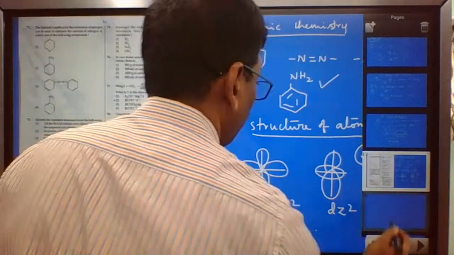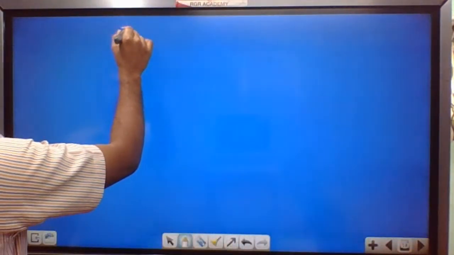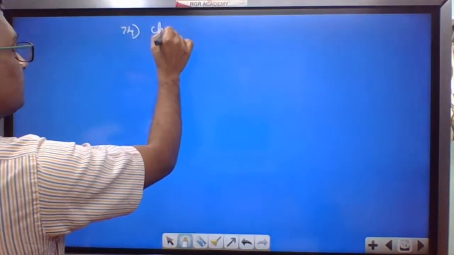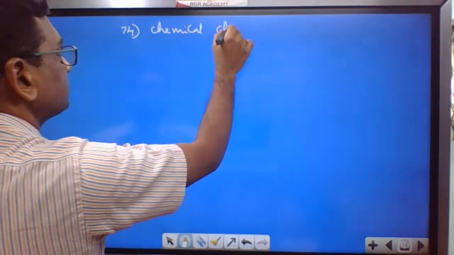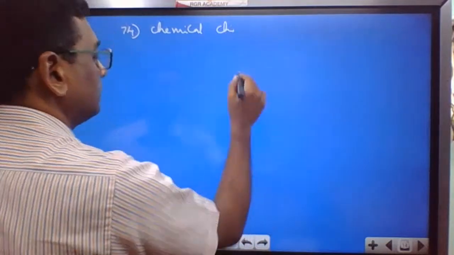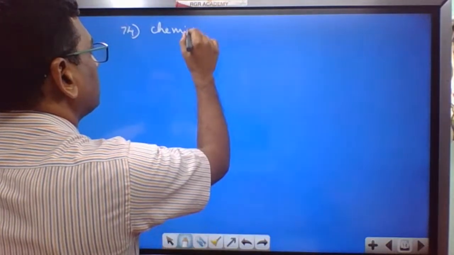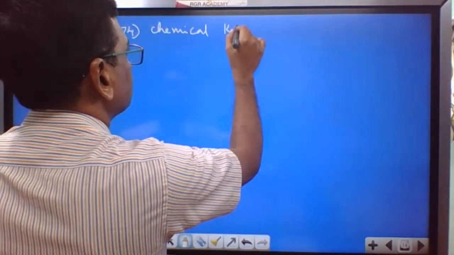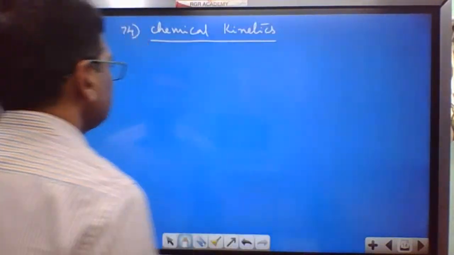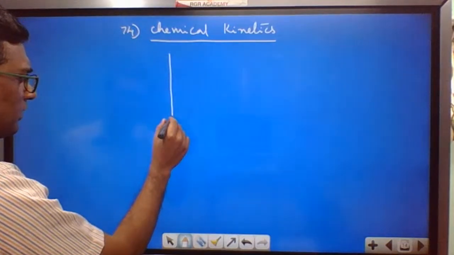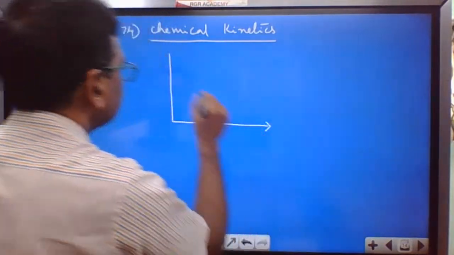74. It is given from chemical kinetics. You see that they gave one graph.